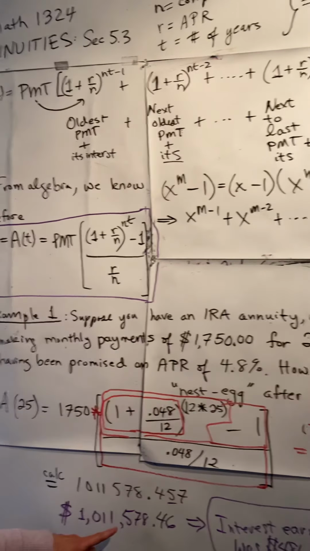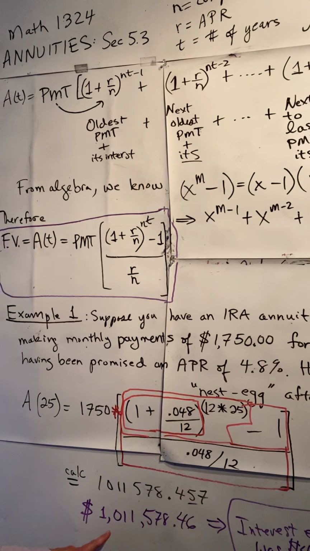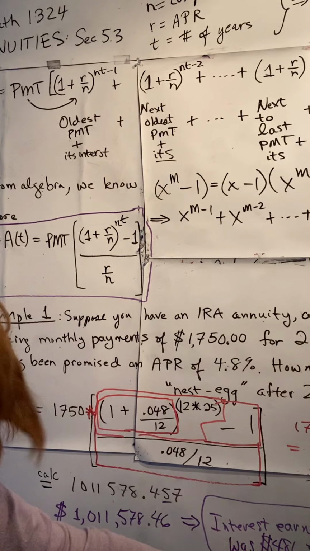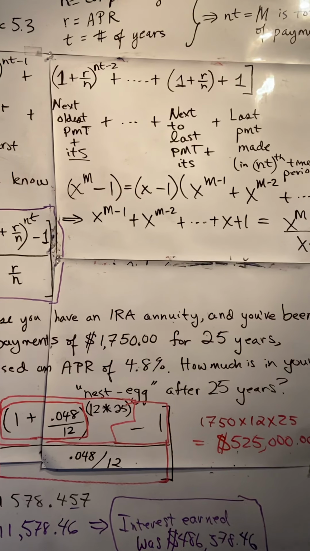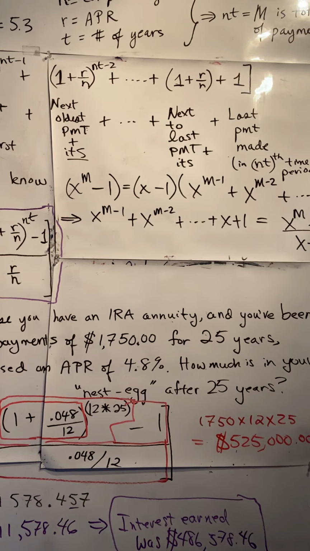Instead of just $500,000, you look at your nest egg and you see over $1 million. Okay, so the interest earned you almost as much as you put in. The interest essentially doubled your money, right? Okay, hopefully that will help.